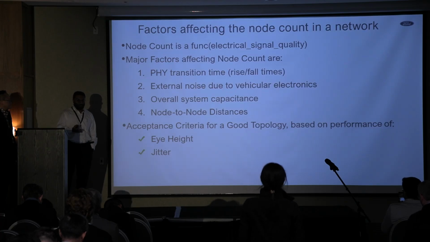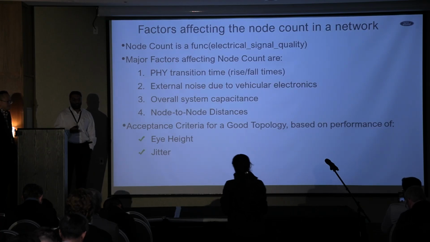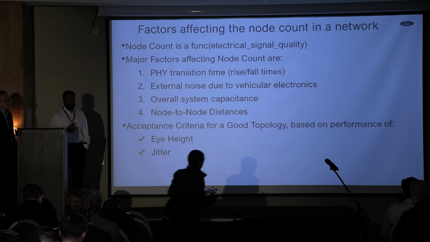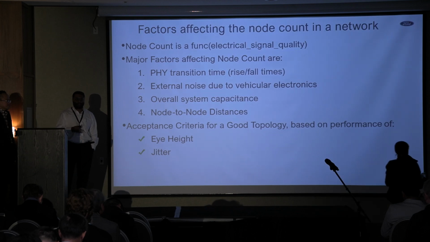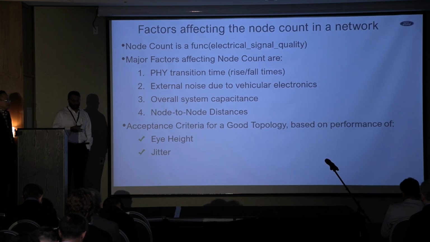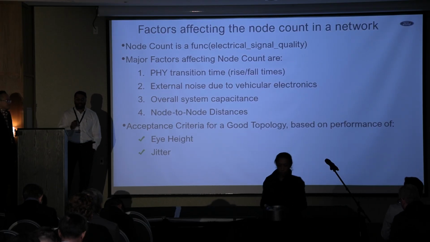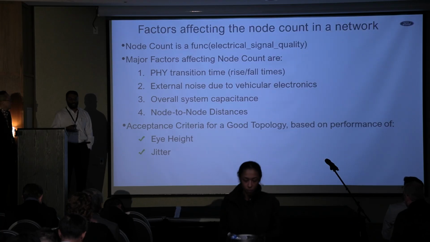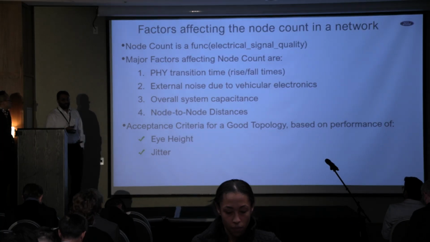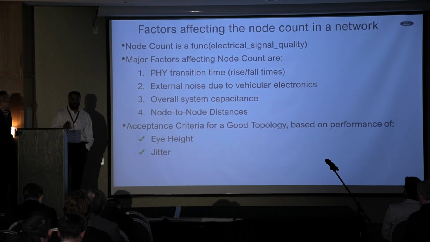The major factors affecting signal quality were the PHY transition time, the rise and fall time of the signal, the external EMC noise, the overall system and node capacitance, and the node-to-node distance. So these were the four major contributing factors to the node count analysis that we did.